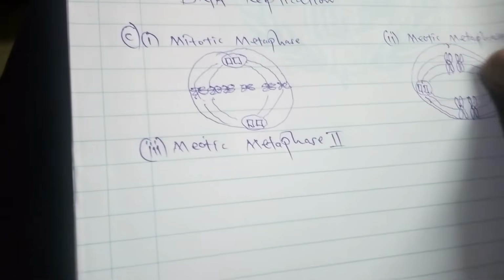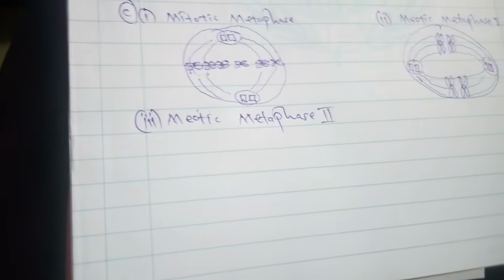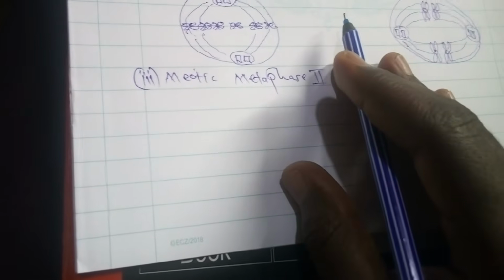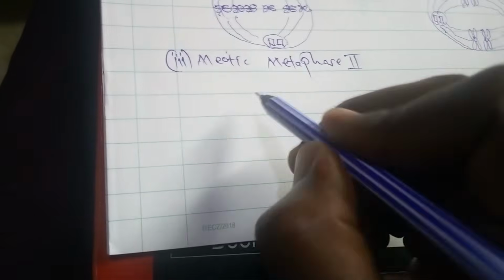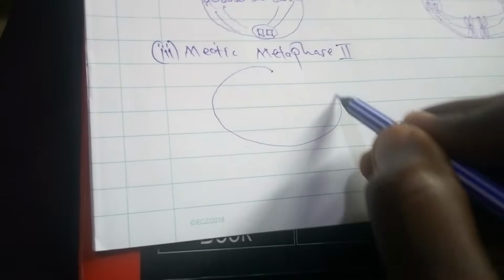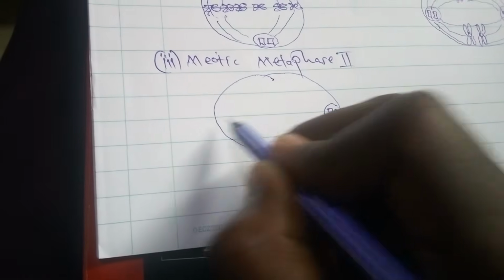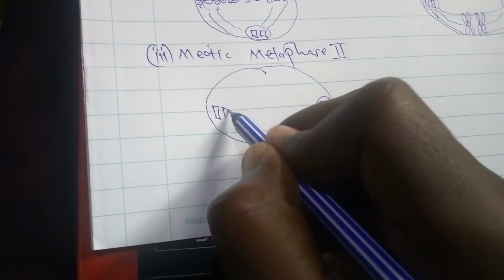Now what about meiotic metaphase 2? There, the homologous chromosomes have already been separated. So there are single chromosomes that are aligned. So make sure you draw the things that are very visible.